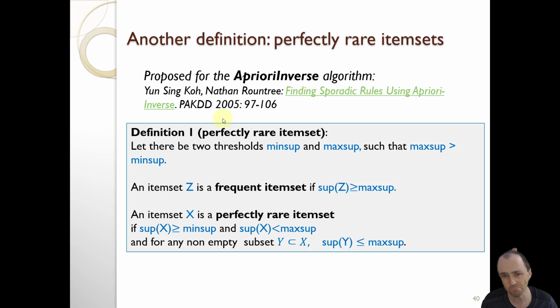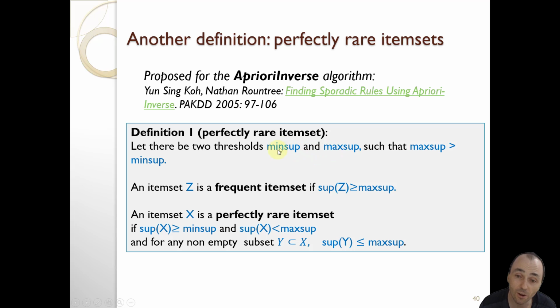So there is another paper, for the AprioriInverse algorithm. It says that a perfectly rare item set is defined as follows. Let's read this together. Here we have 2 thresholds, minimum support and maximum support.